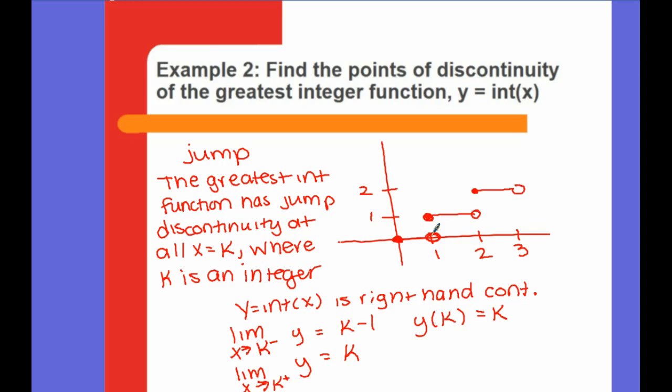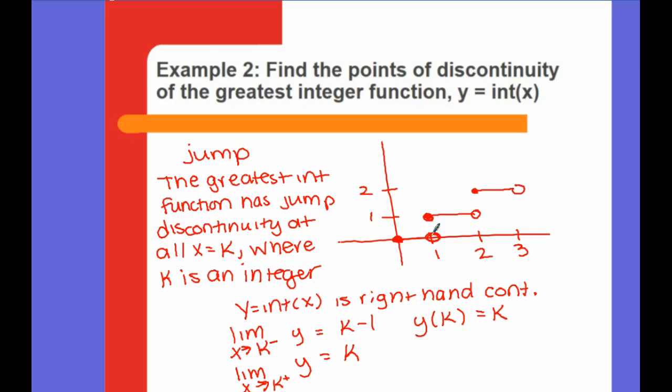So what you have to do is talk about this in terms of a k, where k represents that integer. So we'd say the greatest integer function has jump discontinuity at x equals k, where k is an integer in our domain.